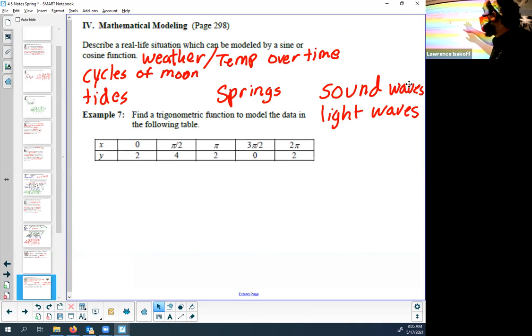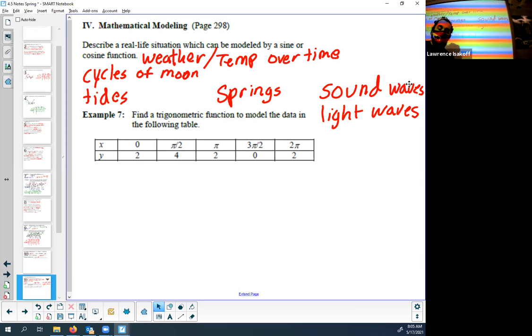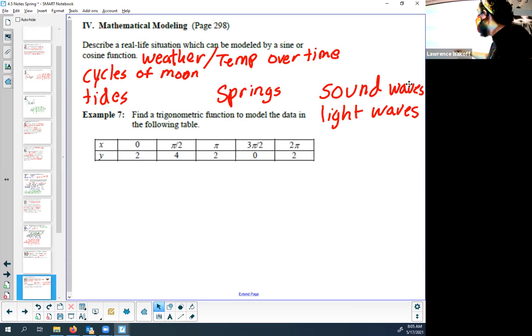so I do want to talk about some of my other functions. Here are some real life situations that these apply to. We're talking about weather and temperature over time. That tends to fit sine and cosine functions very well. Cycles of the moon, again, fit sine and cosine functions very neatly. Springs.